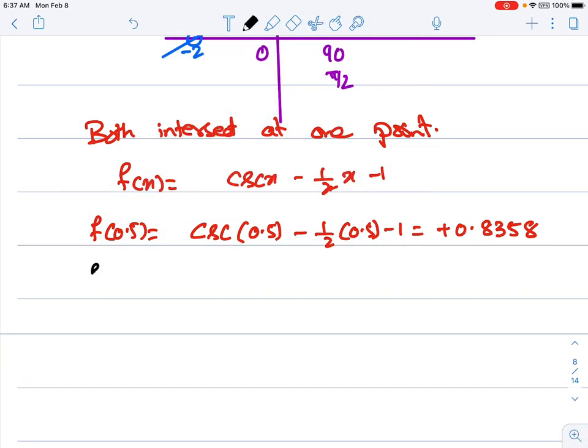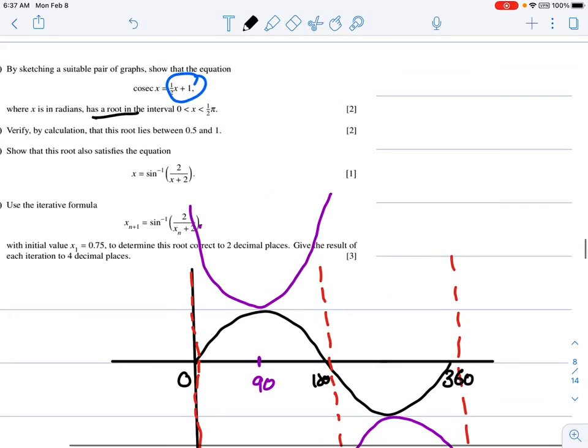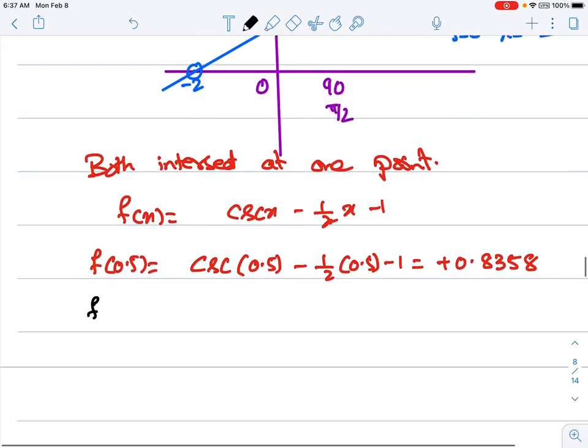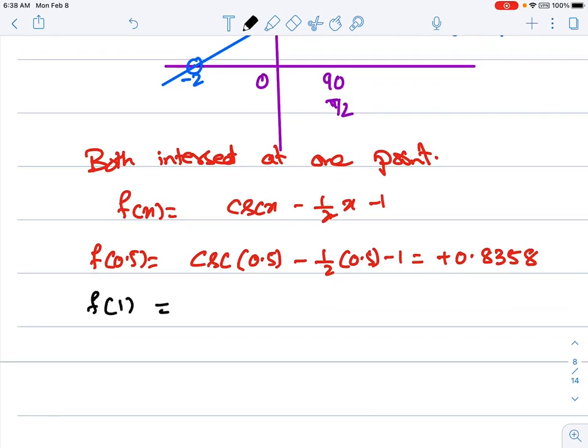Now what am I going to do? What is the other value of x that has been given? 1. So go back and change the value to 1: cosecant 1 minus half times 1 minus 1. So I have changed it to 1, and I get negative 0.3116.